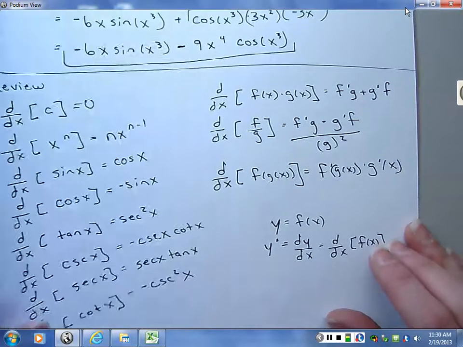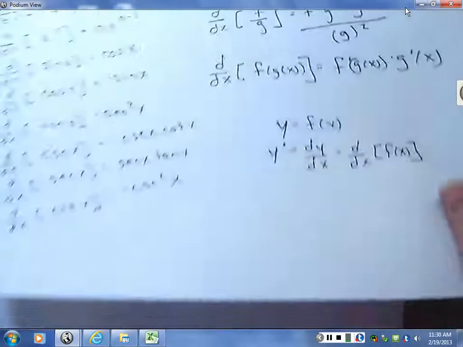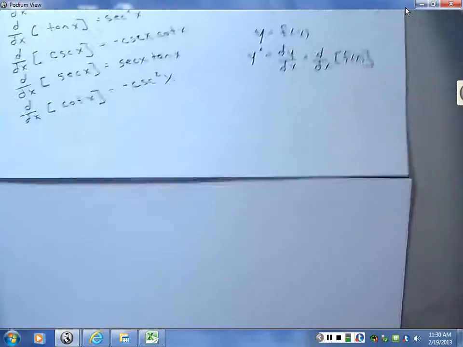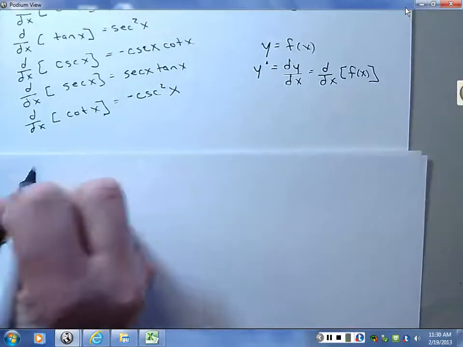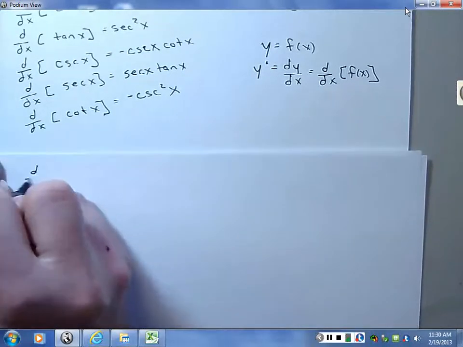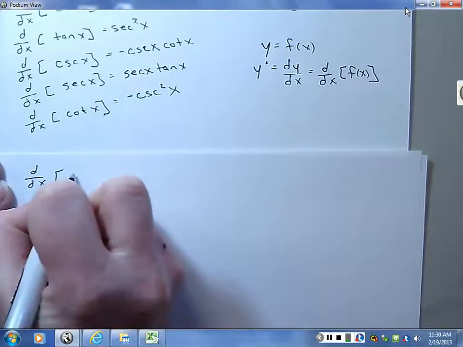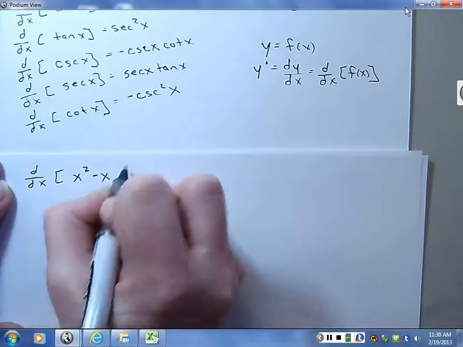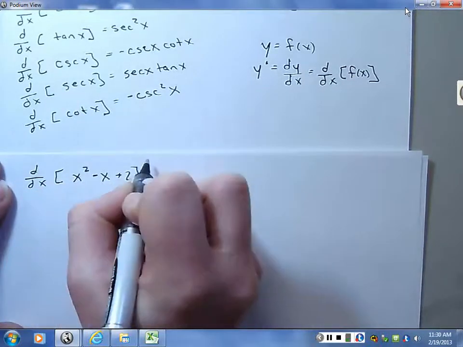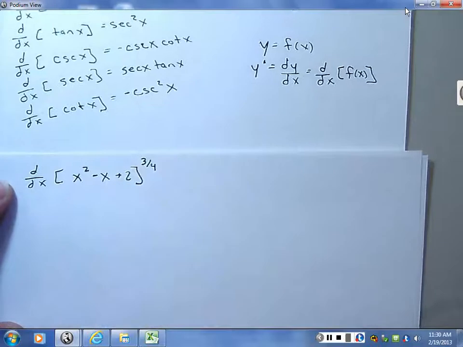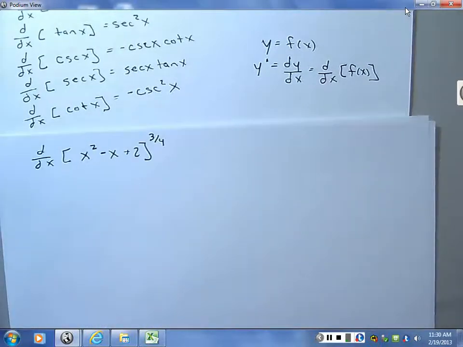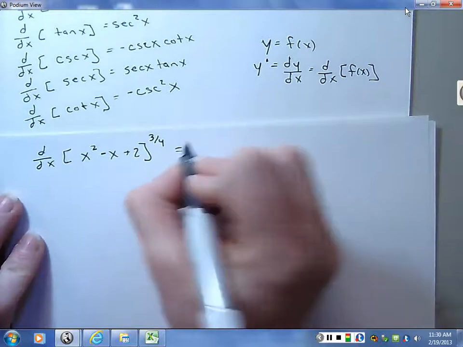So let's look at a couple more examples. Let's say we want to find the derivative with respect to x of x squared minus x plus 2, to the 3/4. So what is the outside function?